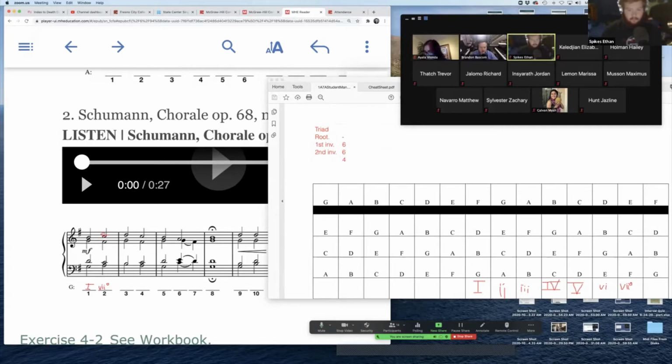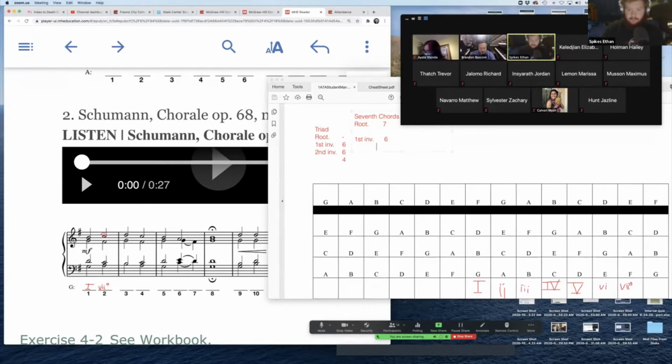What about if we have seventh chords? If we're in root position, we get a 7. If we're in first inversion, we get a 6, 5.